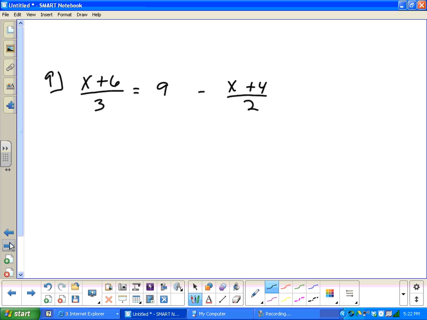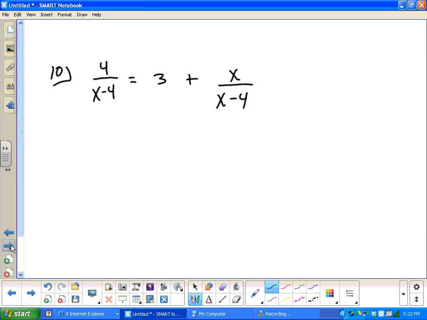Okay, now the rest of these were rational equations. And what I have to worry about with rational equations as far as extraneous solutions is I can't divide by 0. Now, you're not going to have a possibility of extraneous solutions in number 9 because all you have in the denominators are just numbers. So the denominators would never be 0 there. But in number 10, I'm going to have to be careful here.